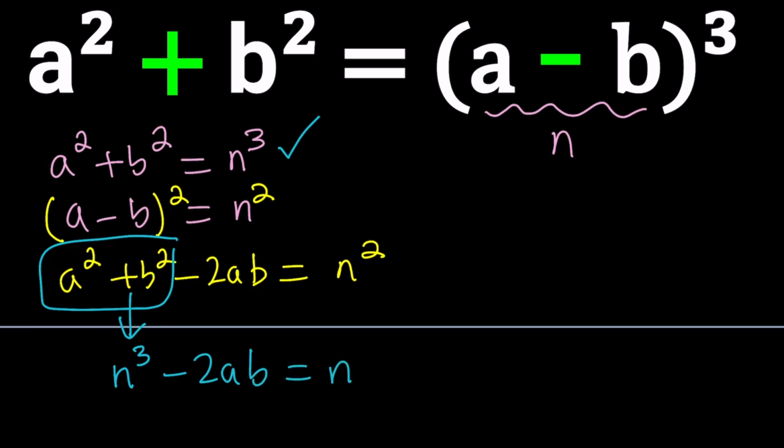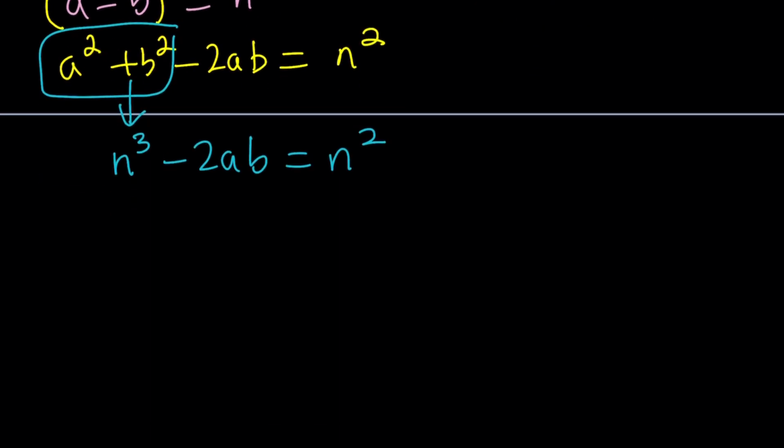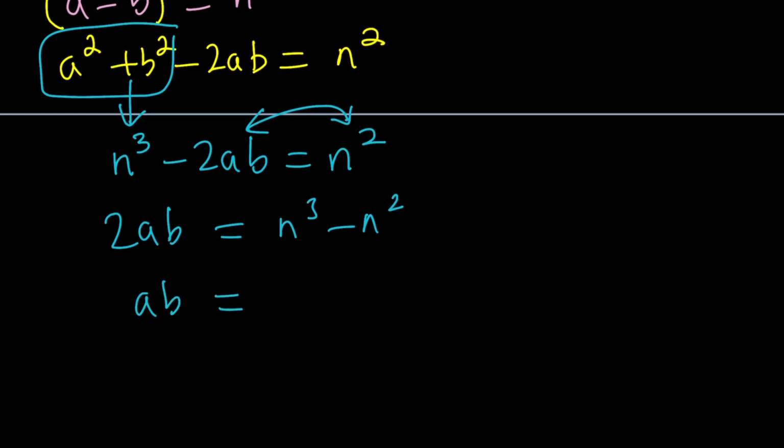And from here, guess what we can do? We can solve for 2ab. Let's switch these around, and then we're going to get 2ab equals n cubed minus n squared. And then we can go ahead and divide both sides by 2. That's going to give us ab equals (n cubed minus n squared) divided by 2.